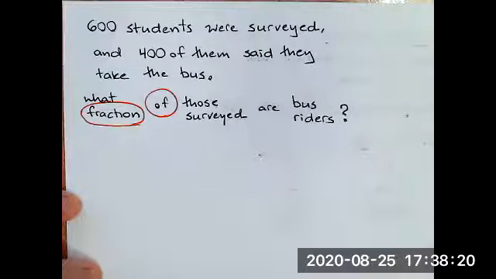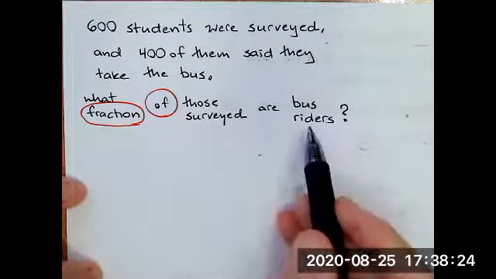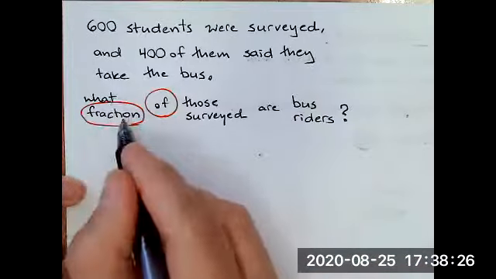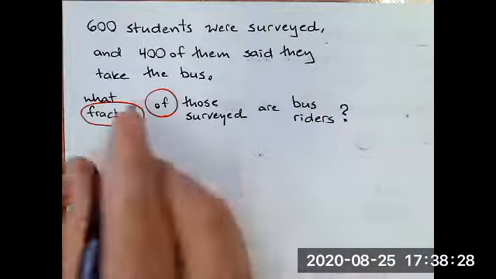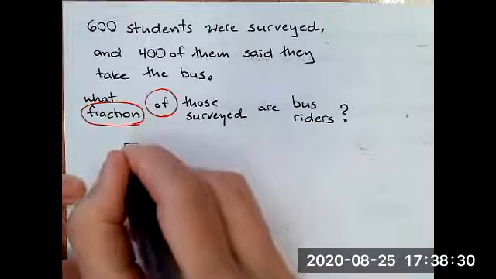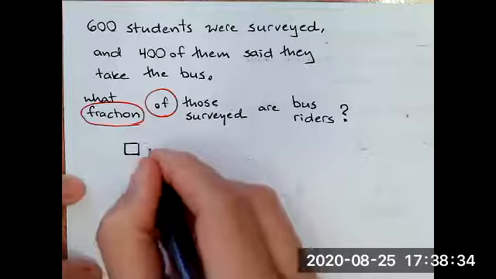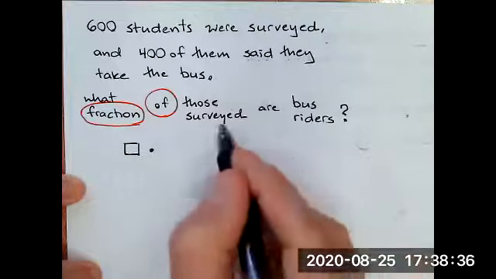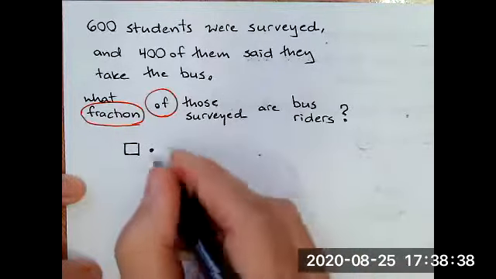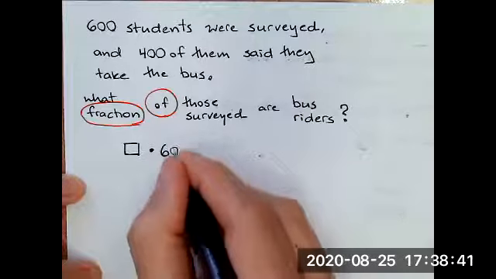All right, let's translate this problem, this sentence, into an equation. So what fraction, that's what we're looking for. So I'll put a box. Of means multiply. How many were surveyed? 600.